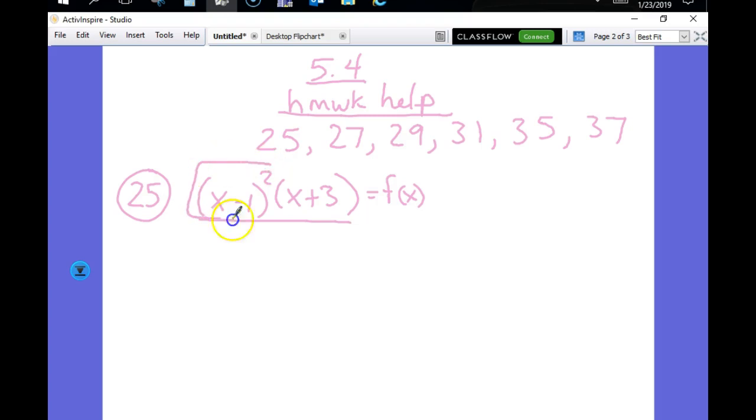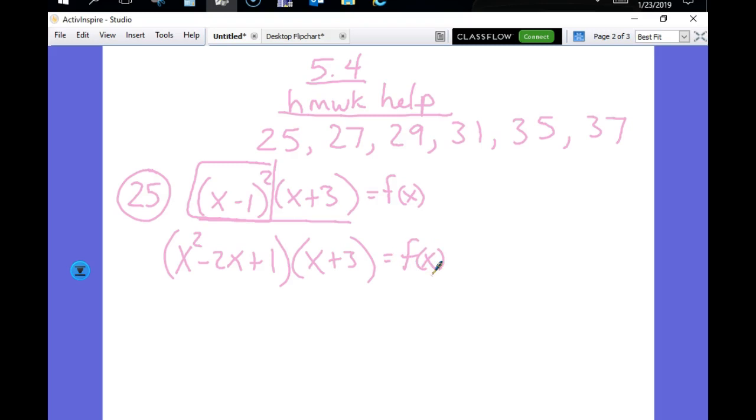So if you multiply this out, that's going to give you x squared minus 2x plus 1. And then we have to multiply this one out as well. Now I'm not going to spend too much time with this basic algebra stuff.